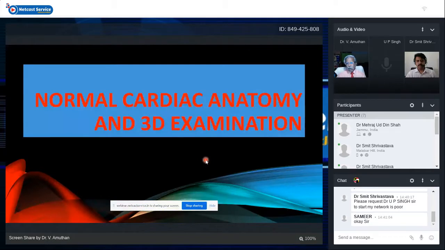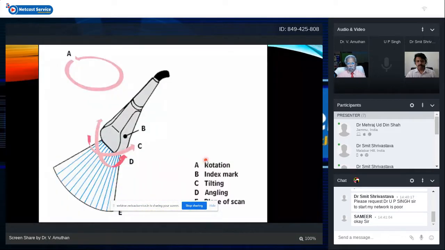So the normal cardiac examination, the 3D examination is not different from 2D. And you have the transducer, which is very small now, unlike the previous 3D transducers, which were very large. The current 3D transducers are very small and handy. And you do the echocardiography by these techniques: rotation, tilting, and angling.